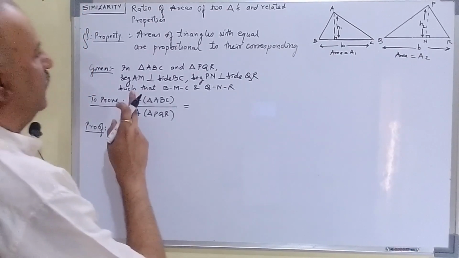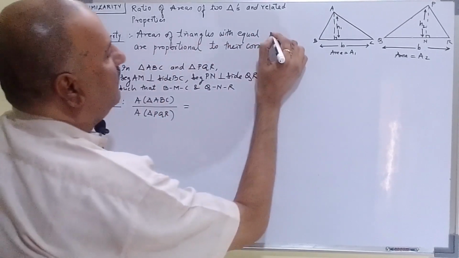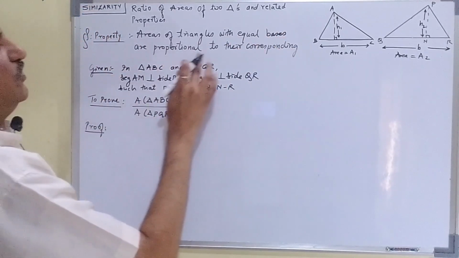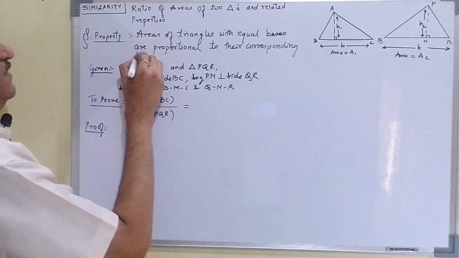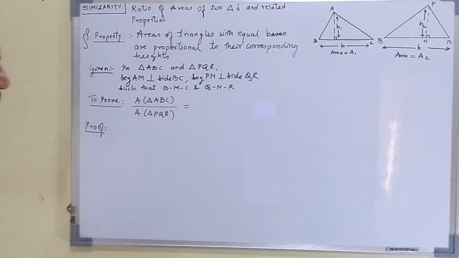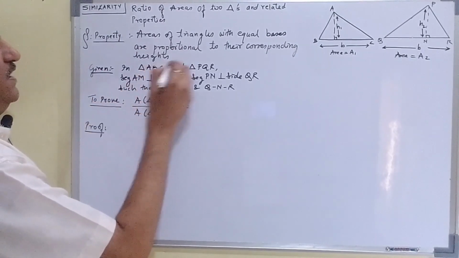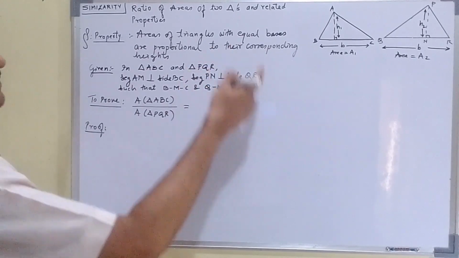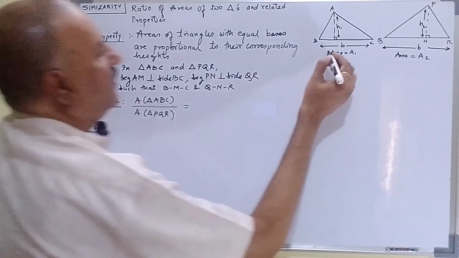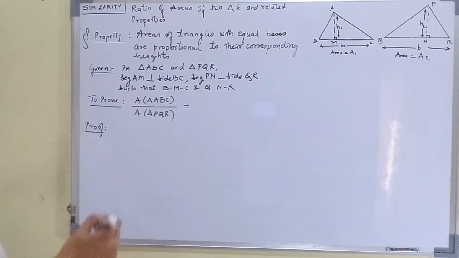So now we write: areas of triangles with equal bases are proportional to their corresponding heights. In triangle ABC, this given part remains the same. In triangle ABC and triangle PQR, AM perpendicular to BC, PN perpendicular to QR, B-M-C and Q-N-R.